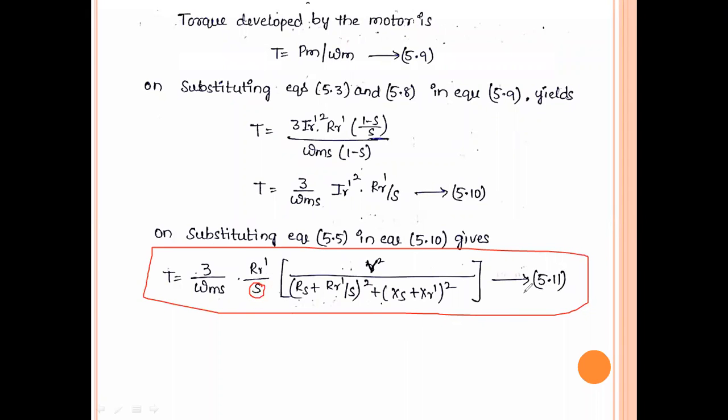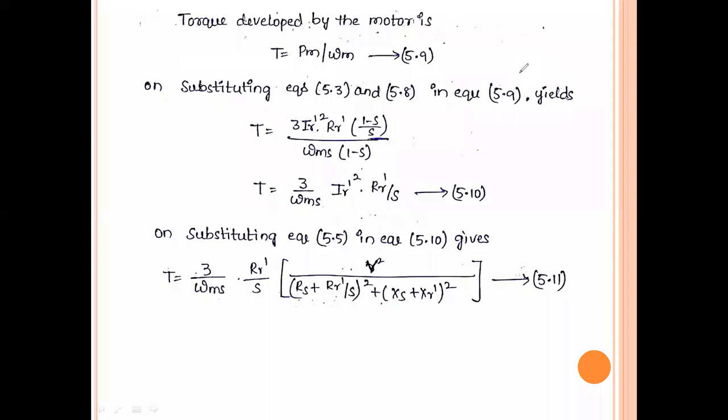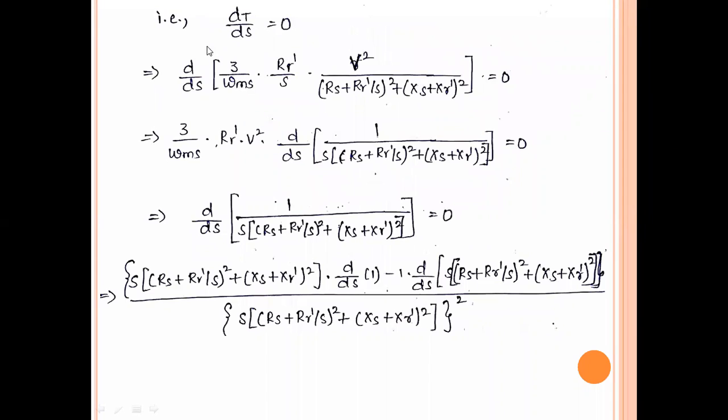That is the reason why, from equation 5.11, we derived the maximum torque that can be attained from an induction motor. We derived that equation using differentiation with respect to slip. So dT by ds must be equal to 0. This is the condition to achieve the maximum torque.